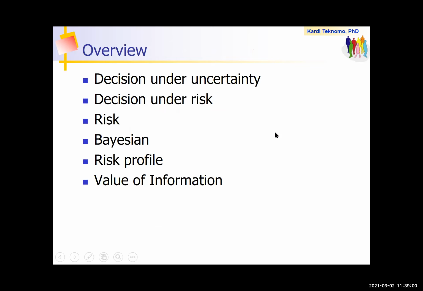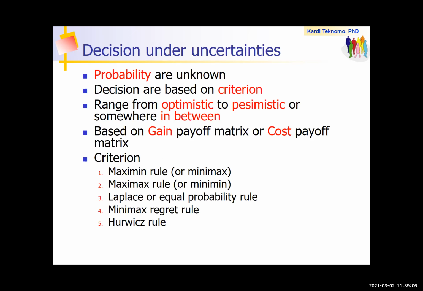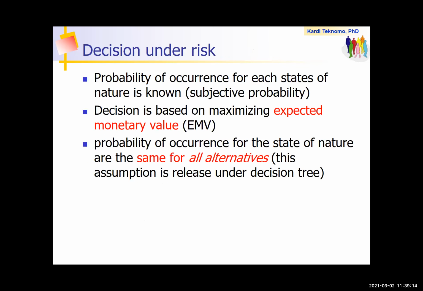So this is what our topic is today, and you will learn about risk profile and value of information. This is repeating what we have discussed earlier. We have decision under uncertainty.